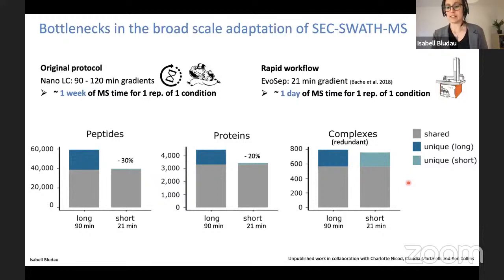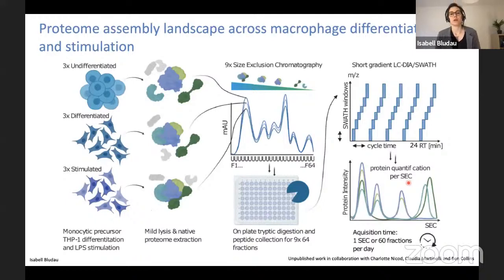So what we did was use this very short gradient system to investigate the proteome assembly landscape across macrophage differentiation and stimulation. So we took the THP1 cell line and analyzed 3 replicates of the undifferentiated cells.